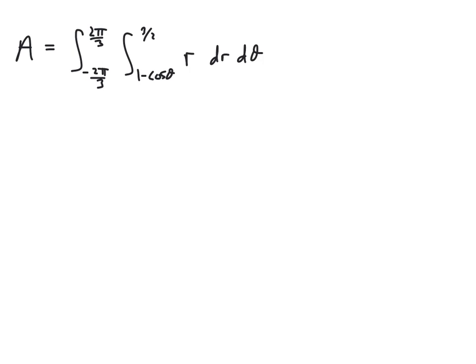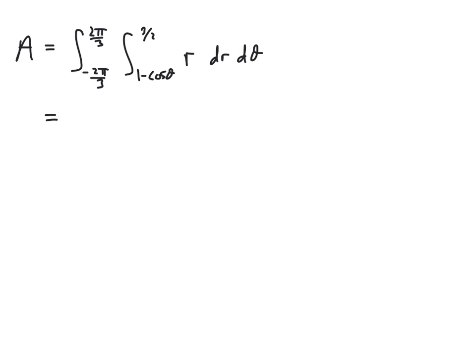Integrals involving polar coordinates are typically a little bit unpleasant to compute because of the nature of them, but that's just the way it is, unfortunately. However, we can often use symmetry here. I have the integral from negative 2 pi over 3 to positive 2 pi over 3.